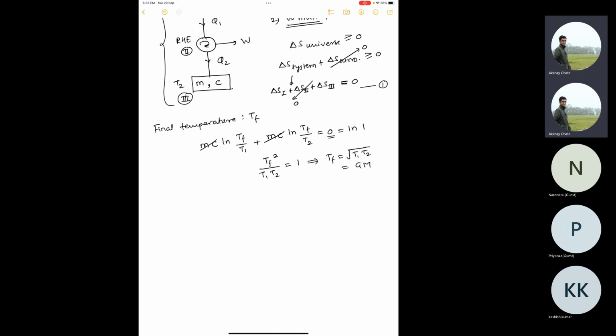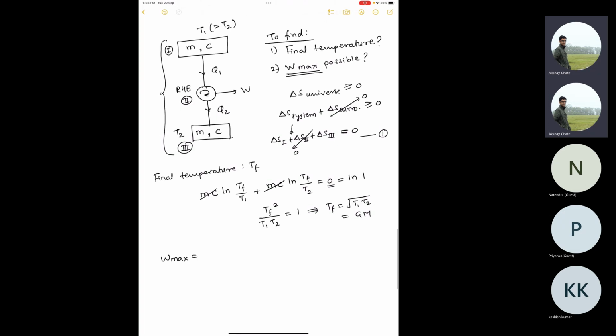Geometric mean is this. So now, how will you find the maximum work done? Maximum work done is not that hard to find. Whatever is the internal energy change of the source minus whatever is the internal energy change of the sink, that will be your work done, right?